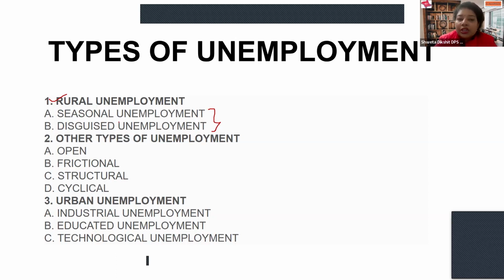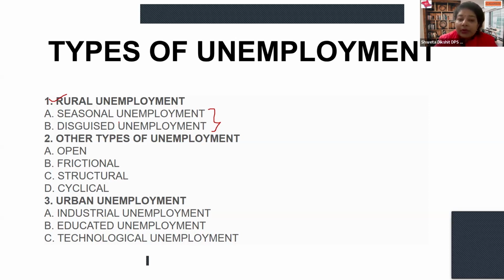Seasonal unemployment is a situation where the person is able to get jobs for few months in a year. For example, the farmers. Farmers can be the best example. During sowing season or harvesting season, they get the job. I'm talking about the agricultural laborers, of course. They get the jobs, whereas they are jobless when the season is over.